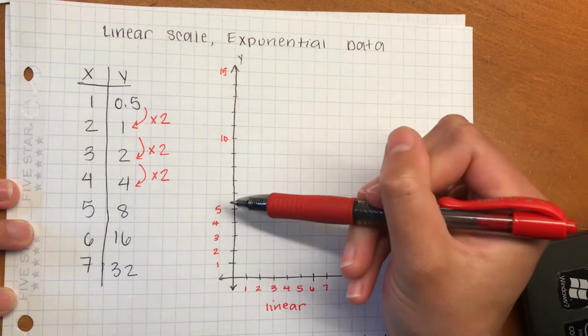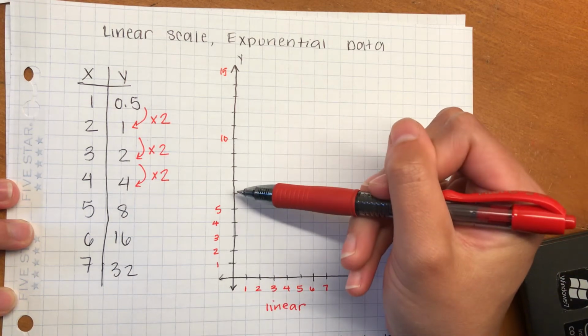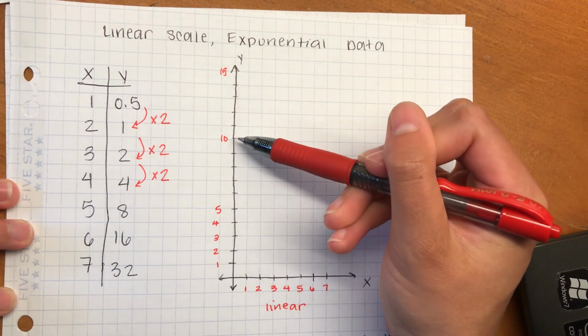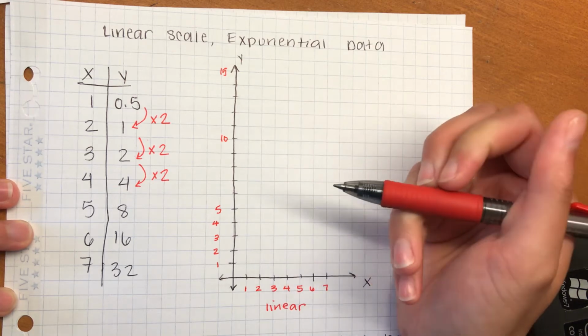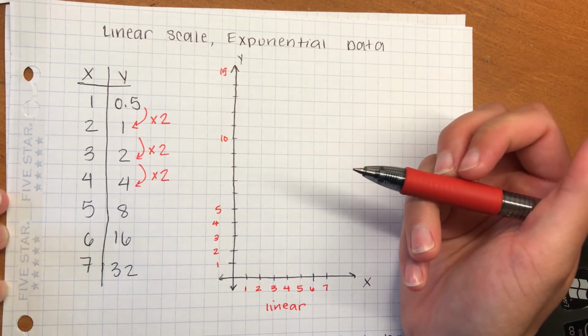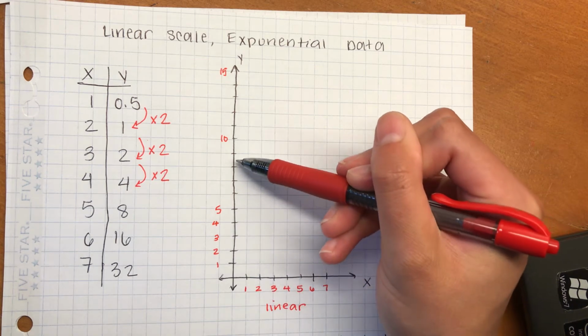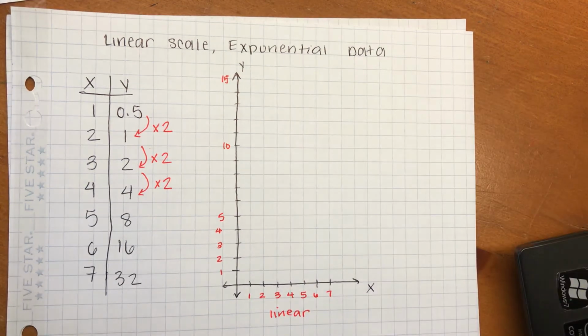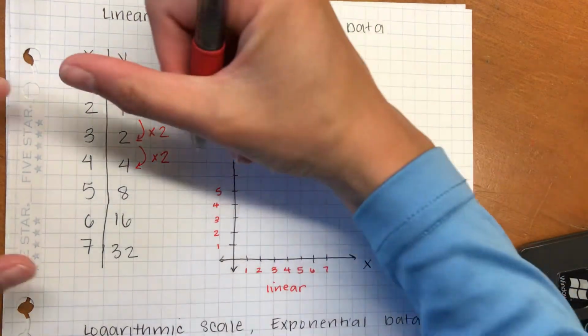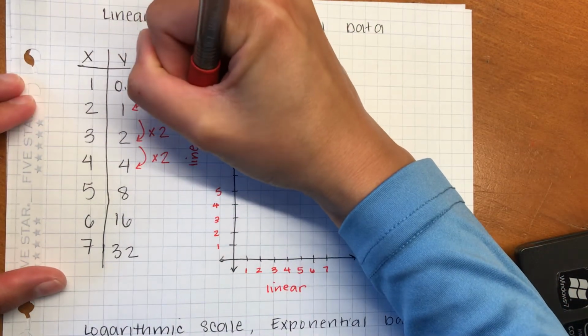So even though I skipped numbers here, since I still have those tick marks, this is still linear, right? I could fill in each number and have each tick mark adding by 1 each time. So this is also linear still.